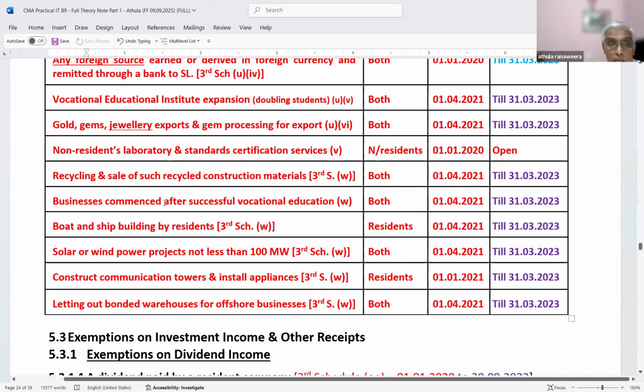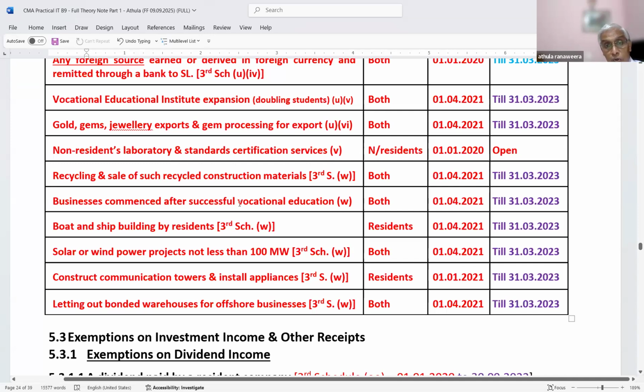Then business commenced after successful vocational education. This is connected to these vocational education institutions. If an institution doubled their student base, they got this exemption. At the same time, to promote people to go for this vocational education, they gave this concession to students also.